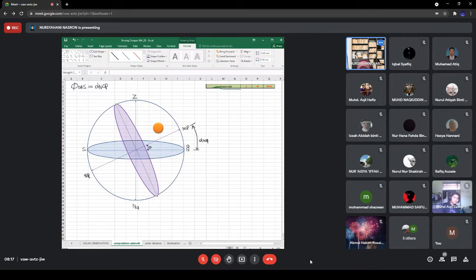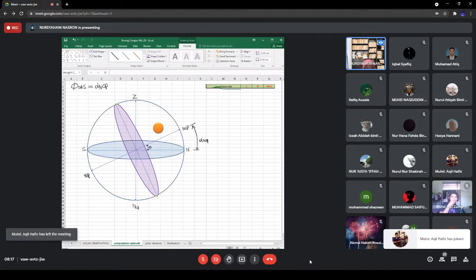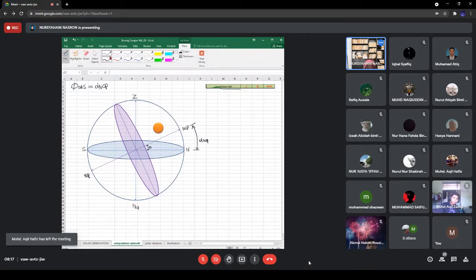So after we have NCP and SCP, kita akan ada celestial equator. This is the celestial equator. And this is the sun, matahari.